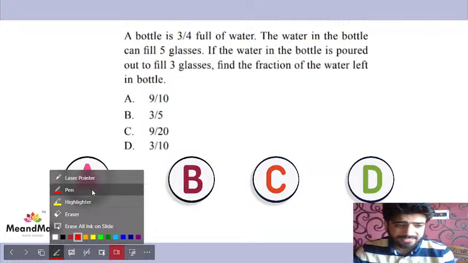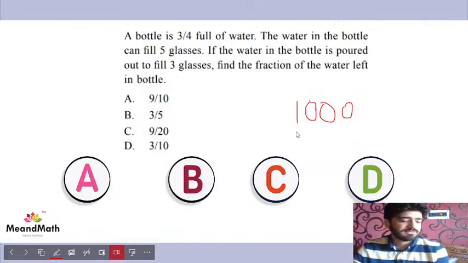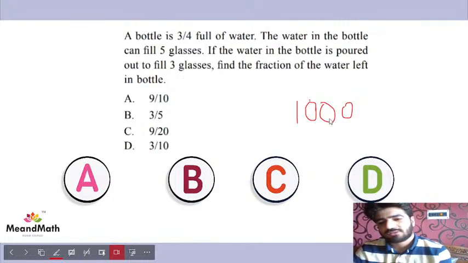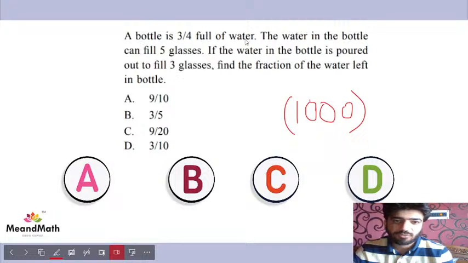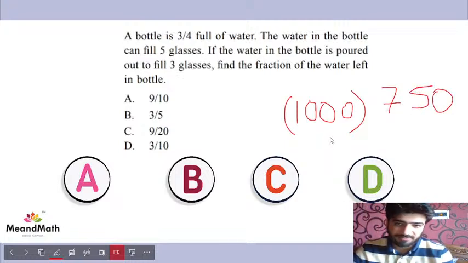You can also do it easily by imagining that the bottle contains 1,000 ml of water. That's a liter actually, or 1,000 of any quantity. Okay, so if you say it is 1,000 and then you say 3 by 4 of it is full of water, you can say that 750 of it is full of water, because 750 is 3 by 4 of 1,000, isn't it?